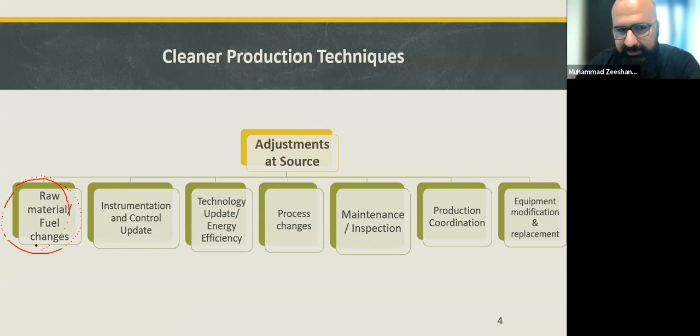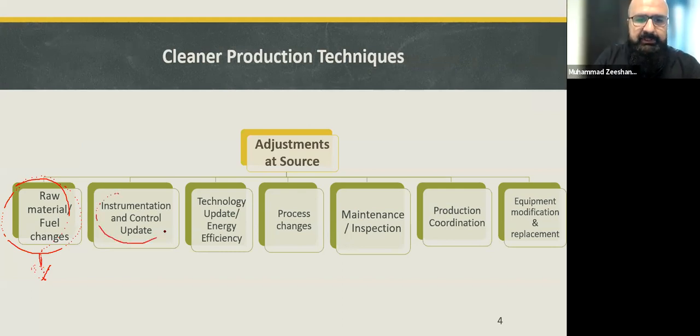So sometimes changing raw material can lead to fewer air pollutants per unit of product produced. Similarly, we always have the option to shift to cleaner fuels, right? One ton of coal, for example, packs less energy than one ton of gas. So you burn one ton of gas, you get more energy, you produce less emissions. So shifting to cleaner fuels is also an option to reduce emissions.